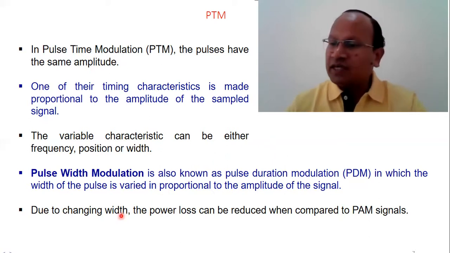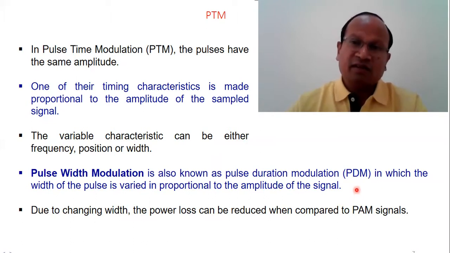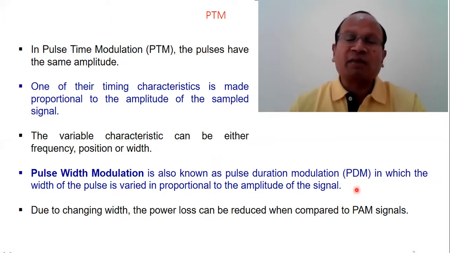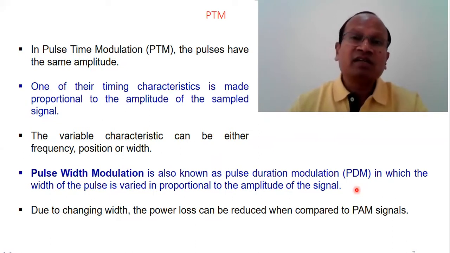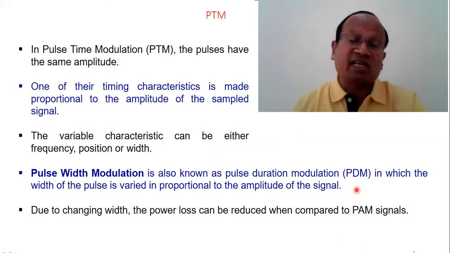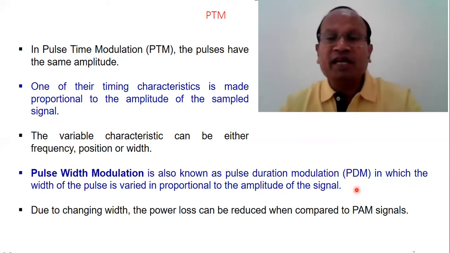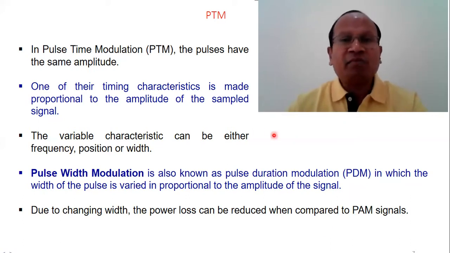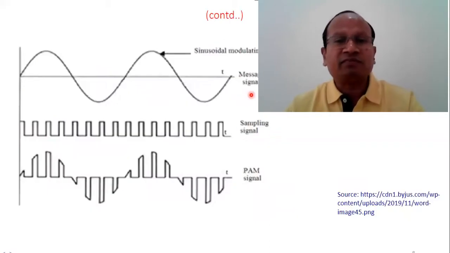Due to changing width, the power loss can be reduced when compared to PAM signal, because power depends mostly on the amplitude level, and the amplitude level is varying in nature in PAM. So power required is more as compared to PTM. In PTM, power is not very high, it's lesser than that of PAM signal.